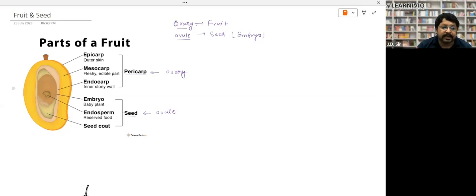Inside the seed coat there is reserve food for the developing embryo, called the endosperm. And then there is the embryo. The embryo is an infant plant, or you can say a future plant. When we sow a seed, that embryo develops into a plant. Is it clear to all of you? Any doubt? Keep on telling me if you have any doubt.